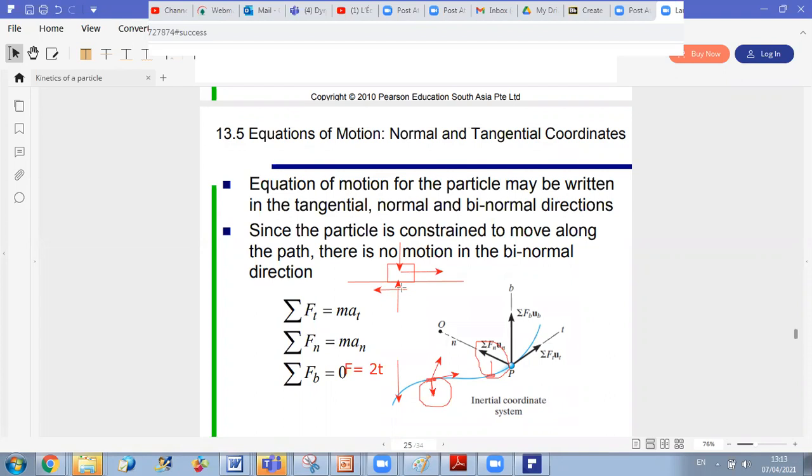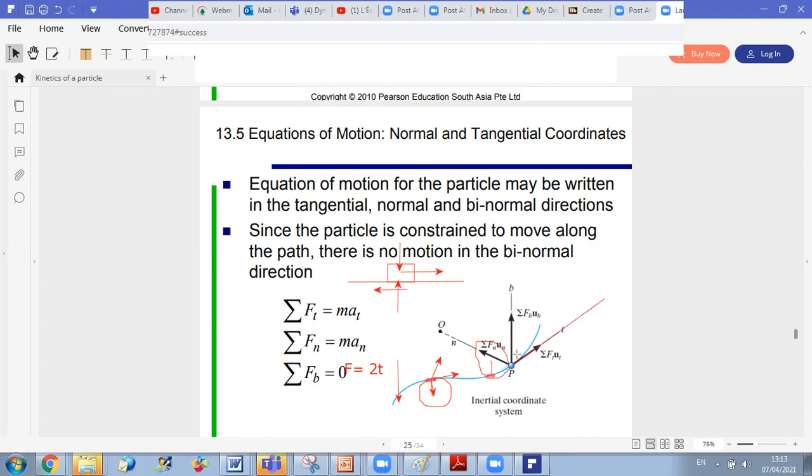So even if I don't have motion along a certain direction, it's useful to write the sum of forces along this direction equals 0. This is why we now should introduce the third unit vector. So in normal tangential coordinates, we have the t-axis, which is tangent to the path, as you can see here.